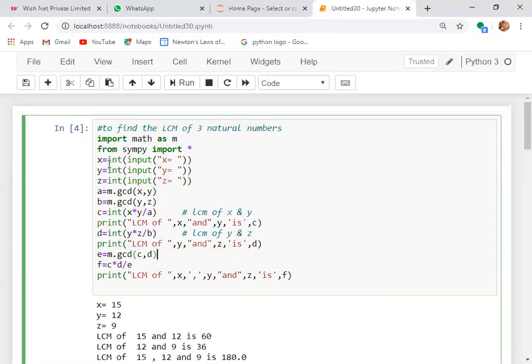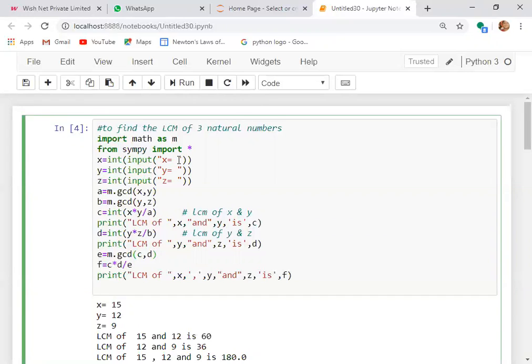So x will be the numbers that will be taken from the user. That's why we write input for the first natural number given by the user.